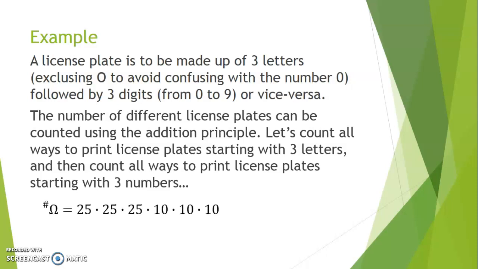So here are the number of ways to print license plates that start with 3 letters: 25 choices for all 3 spots, followed by 10 options for all 3 digit spots. Or we can print license plates that start with 3 digits, from which we have 10 to choose, followed by 3 letters, from which we have 25 to choose. Okay, so we have here our addition principle.